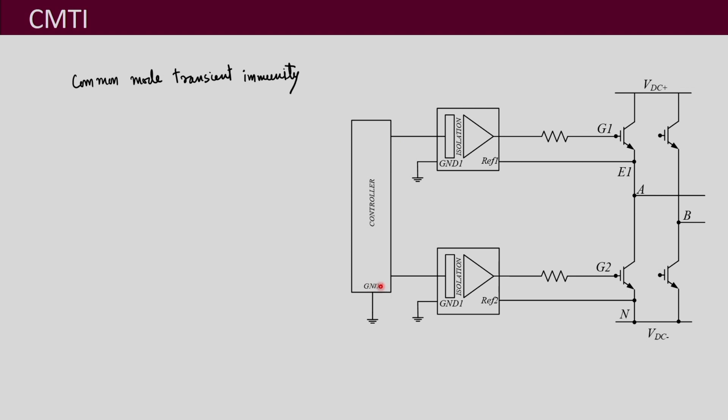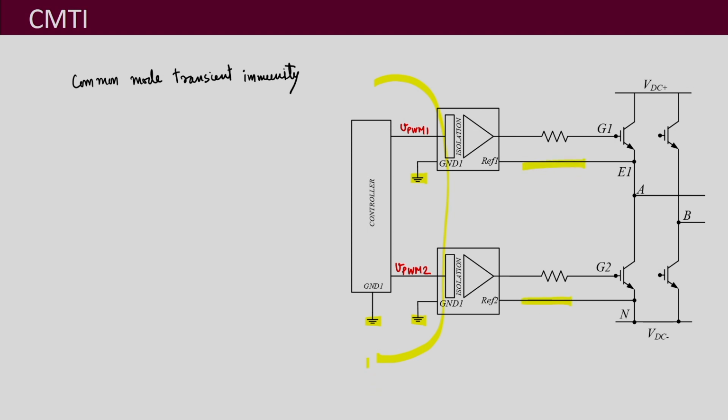Further over here on this input side we have the controller, and this controller is going to give you VPWM1 and VPWM2, and these are with respect to this common reference, which is ground 1 for all 3 of them. So this part of the circuit has the same ground, whereas over here we have different grounds.